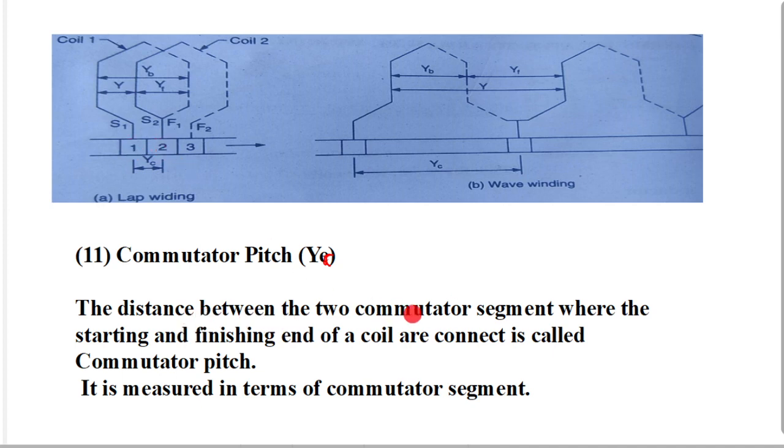Commutator pitch is the distance between the two commutator segments where the starting and finishing ends of a coil are connected. This is the starting end of one coil, and the ending end is connected to this commutator segment. The distance between the starting end and the ending end is called commutator pitch YC. It is measured in terms of commutator segments.